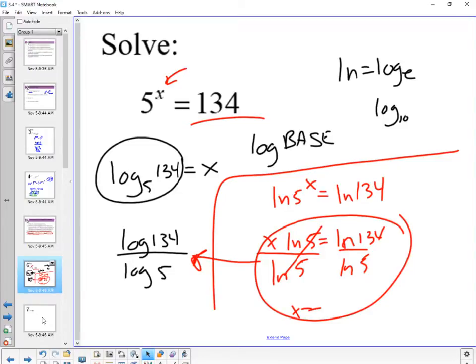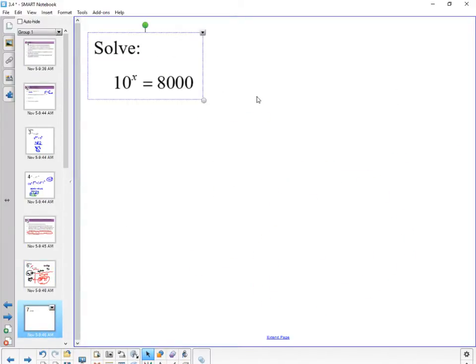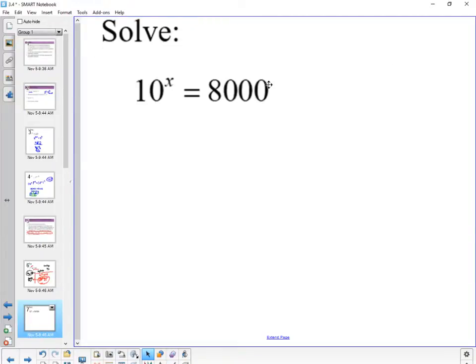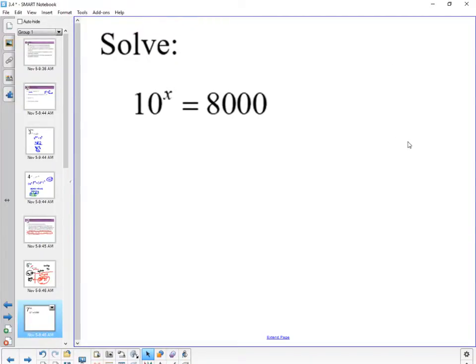Queenie? Here you go. You try. Any method you want. So it's 10 to the x equal to... Do you want an approximation? It's up to you.